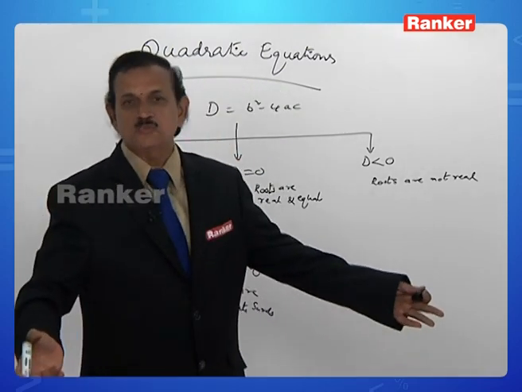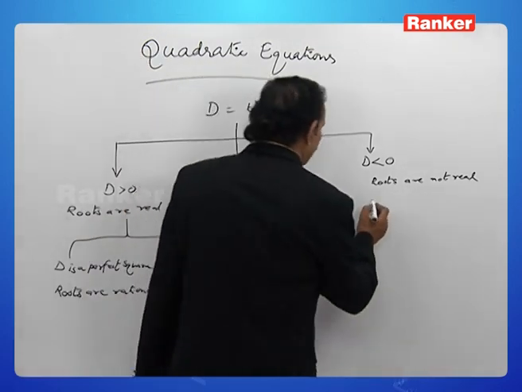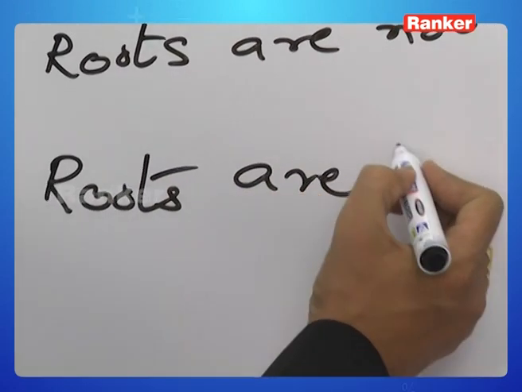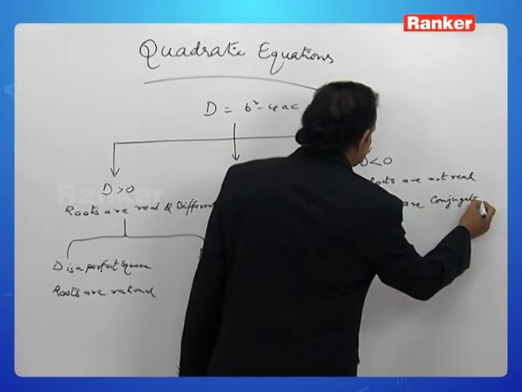All these three things mean the same way. Beyond all those things, we write roots are complex conjugate numbers. Roots are conjugate complex numbers.